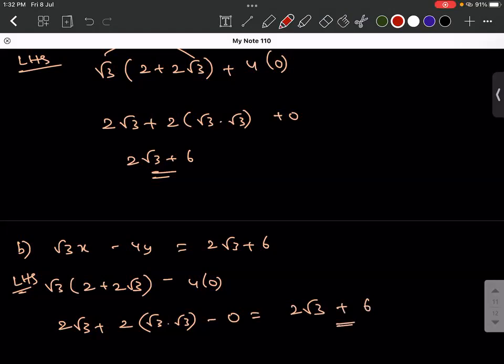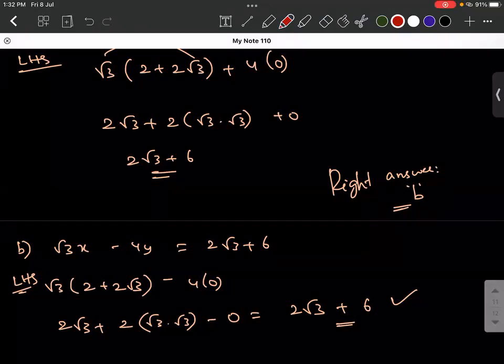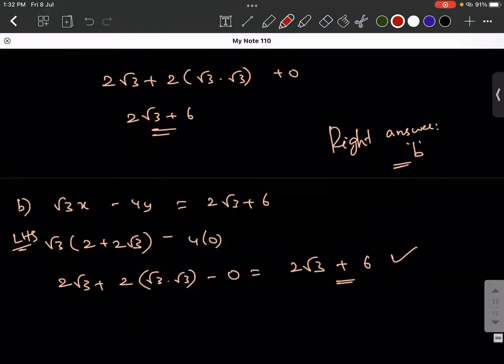So which one is the right answer? B is the right answer. Right?